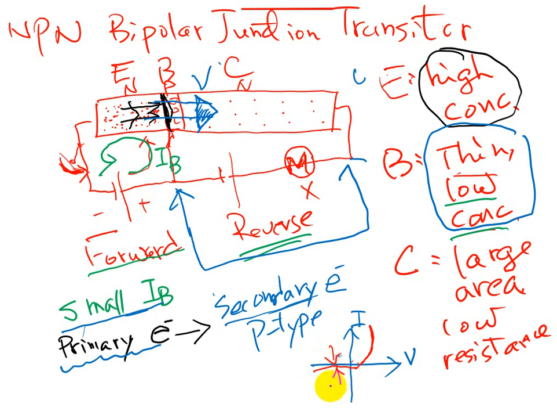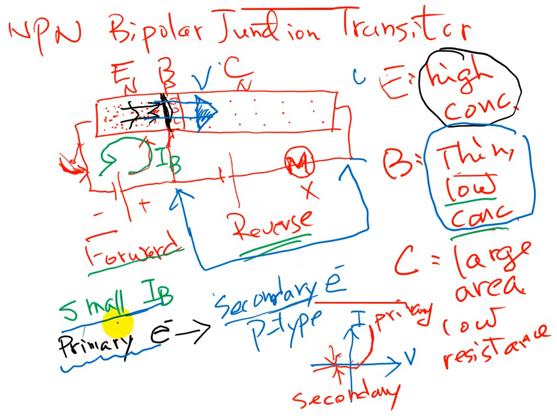At reverse bias, this is a primary charge carrier and this is a secondary charge carrier. The secondary charge carrier always moves along the diode.